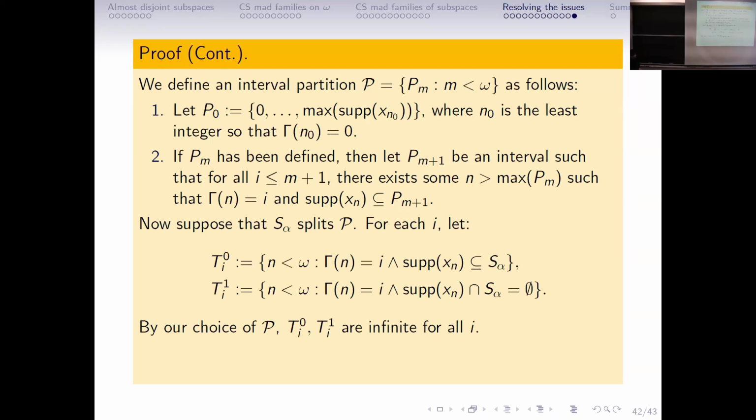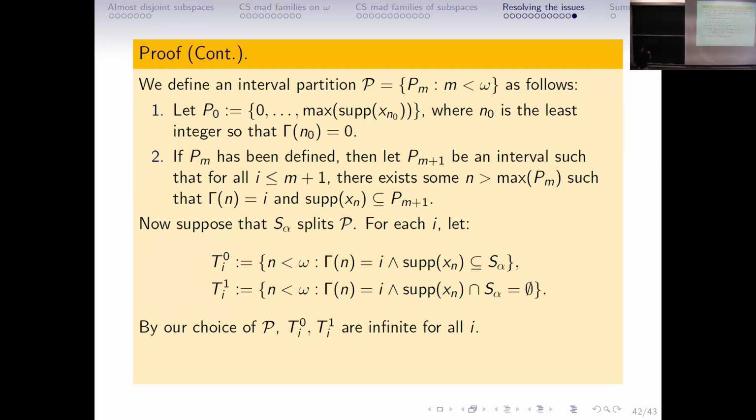And so if S alpha block splits P, then like I mentioned, S alpha is going to contain the support of infinitely many vectors of Vi for each i. And similarly, it's going to avoid the support of infinitely many vectors from Vi for each i.